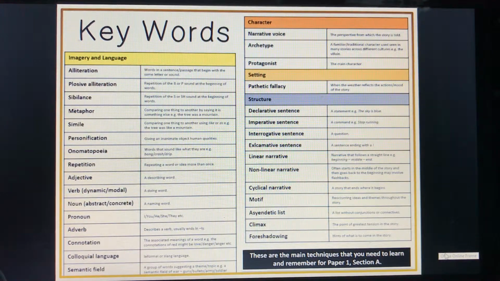Do they change across the piece? Personification, use of personal pronouns, use of semantic fields, especially in this one, use of extended metaphors, and then you've got other things here like your declarative and your sentence types. Oh look, spelling error. Asyndetic listing, again, you've got that here.